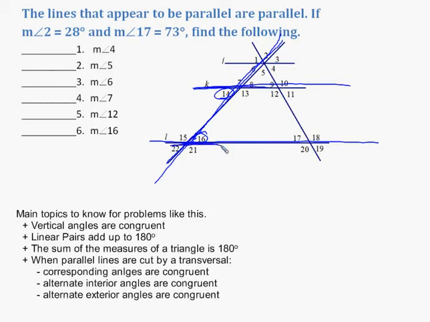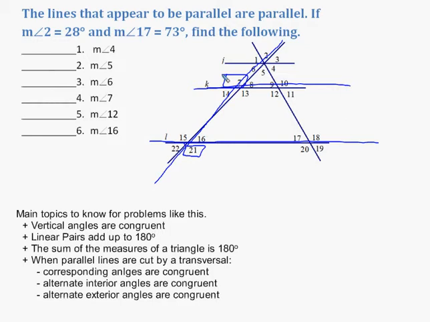The other set are 13 and 15. And then alternate exterior angles. They're on opposite sides of the transversal, but on the outside of the parallel lines. So 21 and 7 would be considered alternate exterior angles, and then 8 and 22.